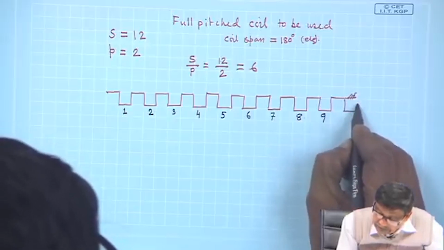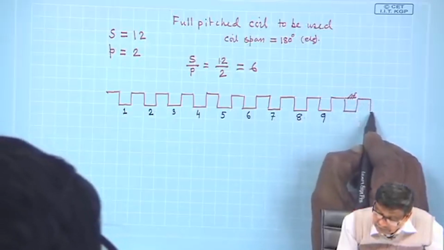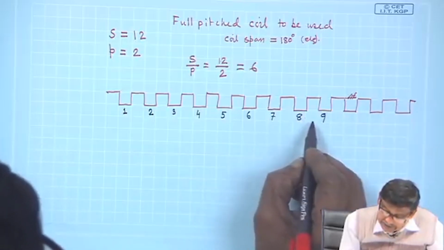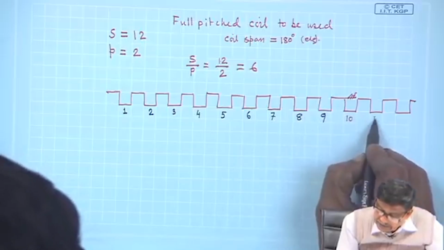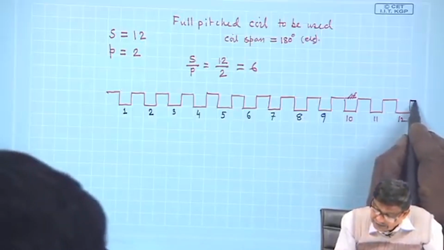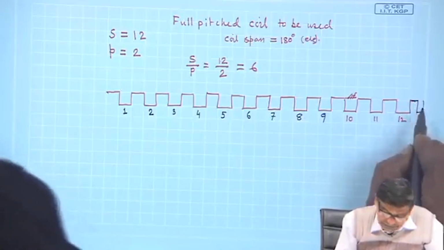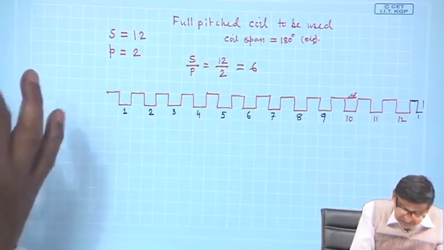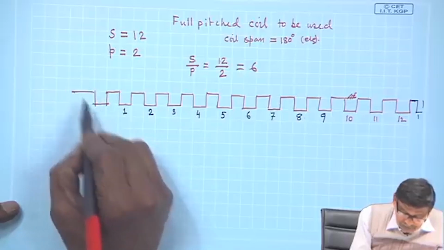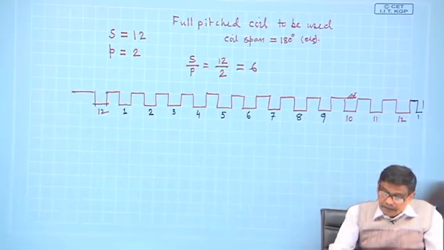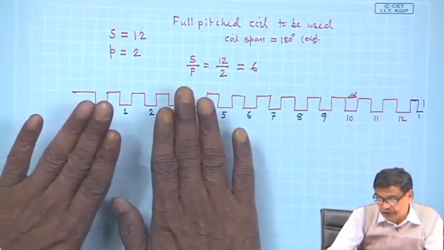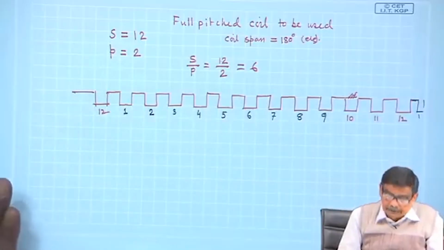This you forgive me. It goes like this. So, 8, 9, 10, 11, 12, and after that once again it will be 1. And in fact, before this it was 12, because the circular thing I have unwrapped and put on a plain paper like this.